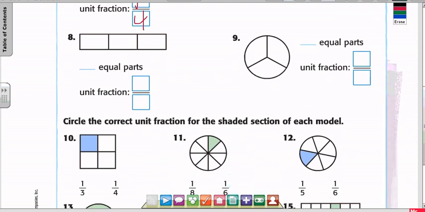How many equal parts in number 8? 3. It says to shade 1. So there's 3 equal parts, and how many are shaded in? 1. And then number 9, how many equal parts? 3. Shade 1 in. There's 3 equal parts with 1 shaded in. The 1 is the numerator. The 3 is the denominator.